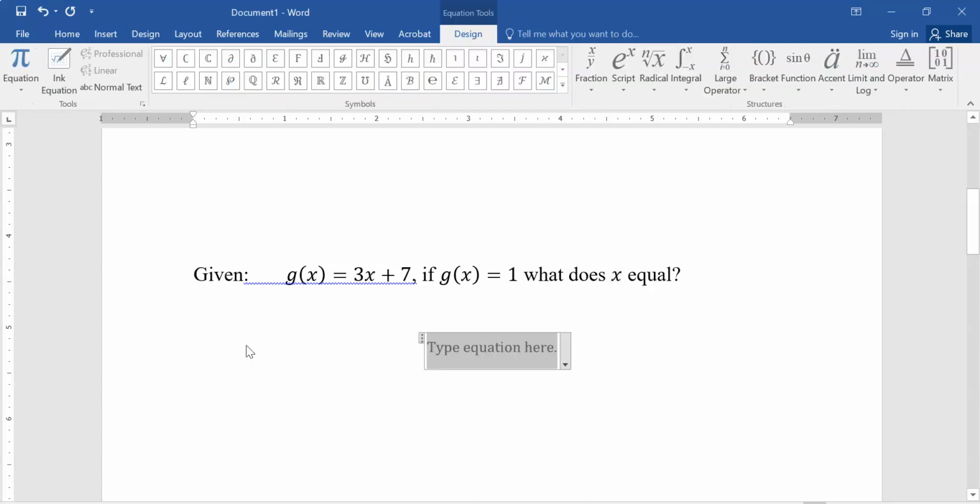And so what we do is we say, well, the output, the 3x plus 7 formula, would have had to be equal to 1. Or again, output is this formula in general for any x. If our particular value gave us out a 1, then 3x plus 7 had to be equal to 1.